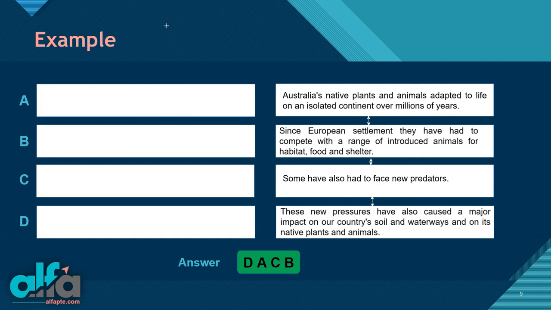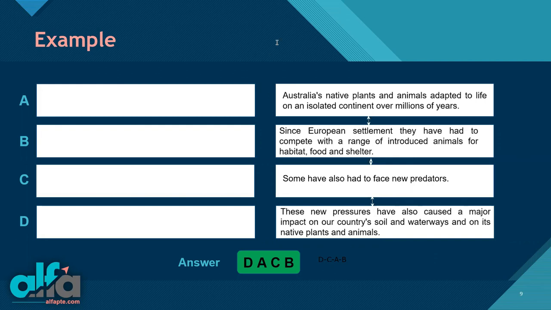Say for example, my answer was not DA, CB. My answer was D, C, A and B. So although D and B are in the right position, DC is not a pair, CA is not a pair, AB is also not a pair.